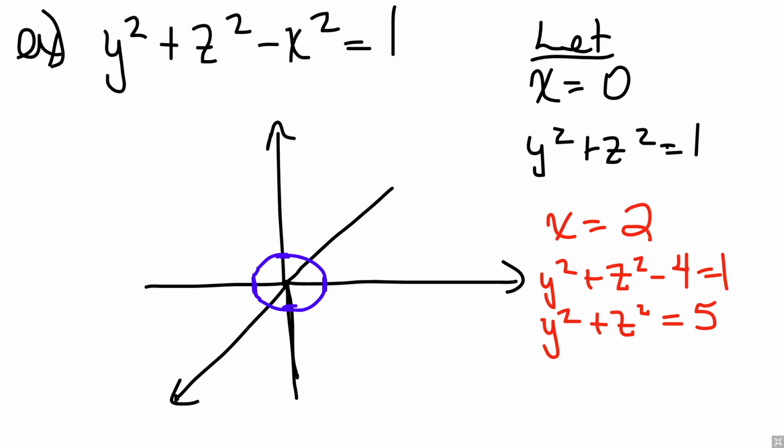Now, if we take a look at this, we're still working with what? A circle. We're still working with a circle. So let's think about this. As x is getting larger, what's happening to these circles? They're getting bigger. And then same works the other way.